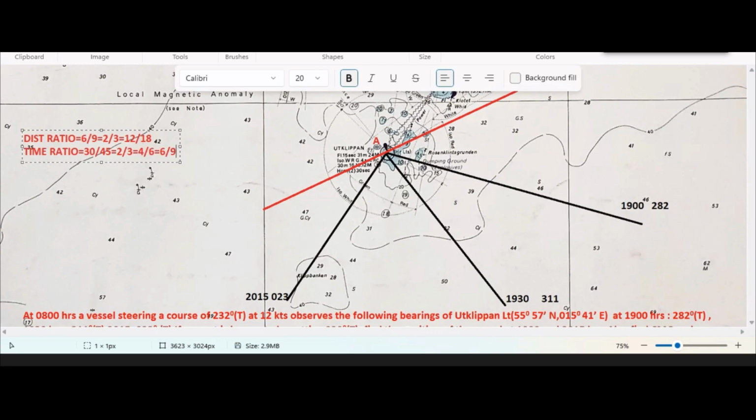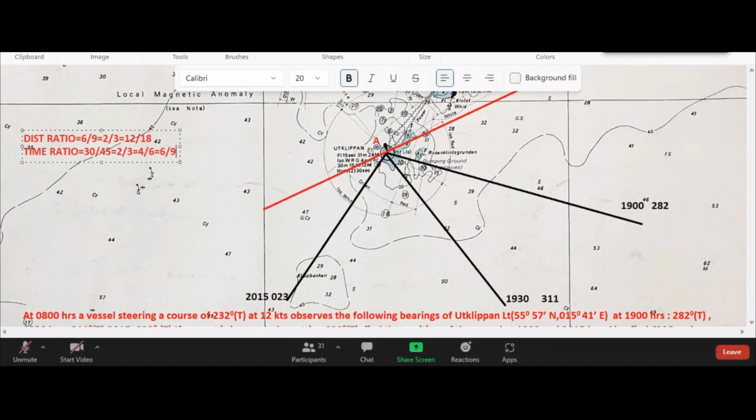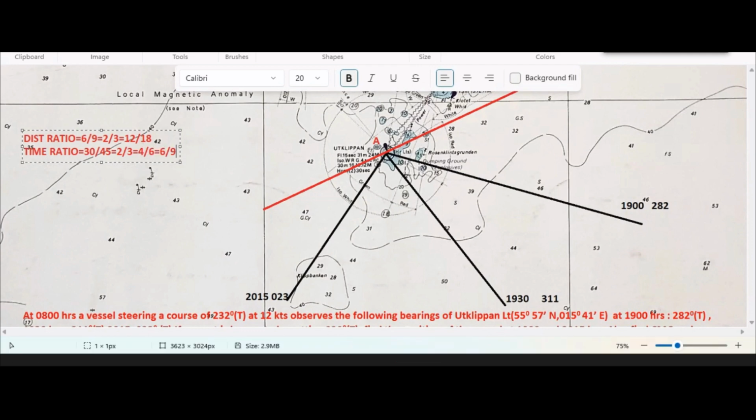So we can see that for the distance ratio, the distance traveled between 1900 and 1930 in half an hour is 6 miles, and the second time interval was 45 minutes, and the distance traveled in 45 minutes is 9 miles. So if you take the distance ratio 6/9, after that you can decrease or increase. The time ratio also comes out the same.